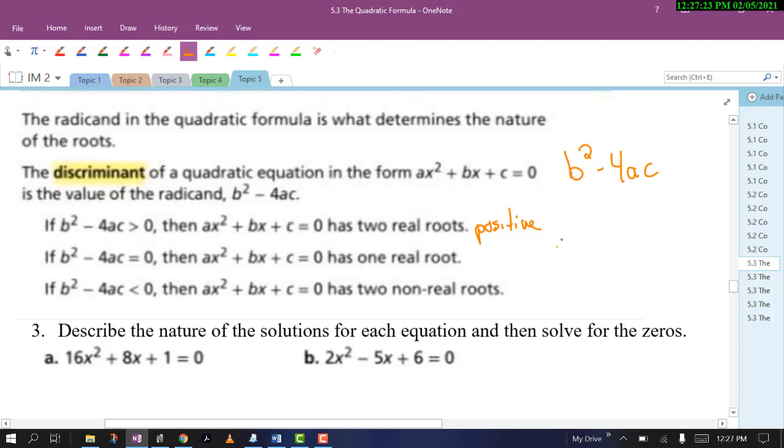Now, if b squared minus 4ac equals 0, then we take the square root of 0 and we don't have anything, so the plus or minus goes away, and that's why we only have one real root. Of course, that is when our discriminant is 0. If b squared minus 4ac is less than 0, so we're talking about a negative number inside the radical, then the equation has two non-real roots.